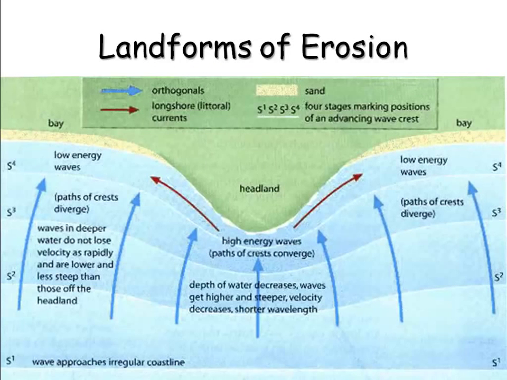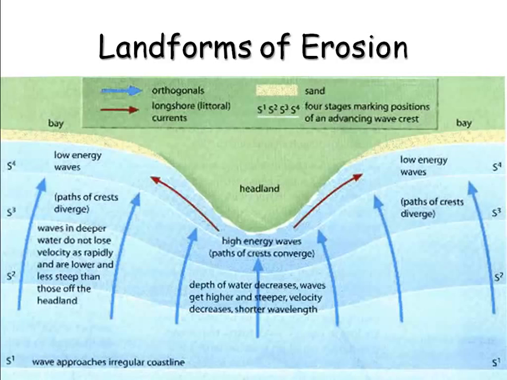The reason for that is what's called wave refraction. The blue lines, as they're called, orthogonals, mark the position of successive crests of waves. At a headland, those orthogonals, the paths of those crests, actually converge on each other.